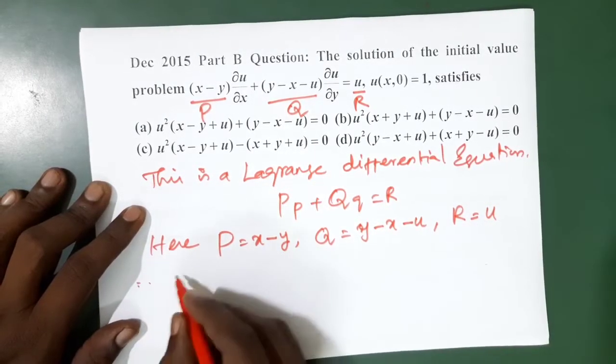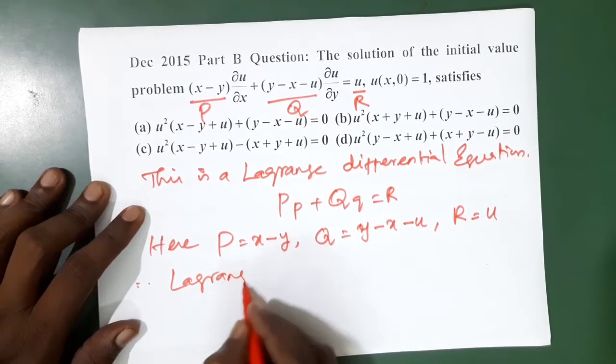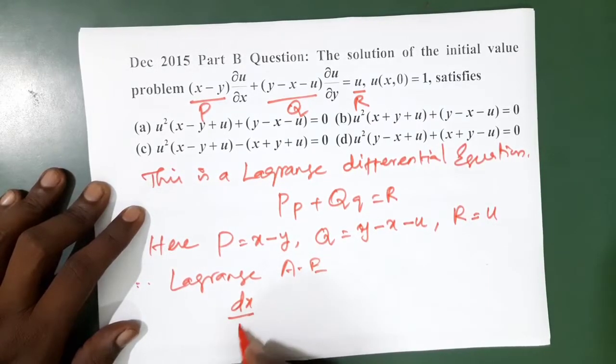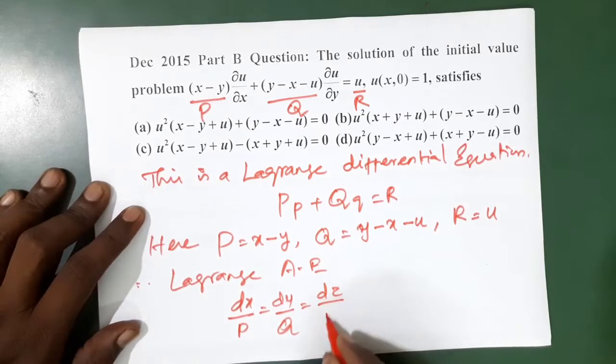Therefore, the Lagrange auxiliary equation is dx by P is equal to dy by Q is equal to dz by R.